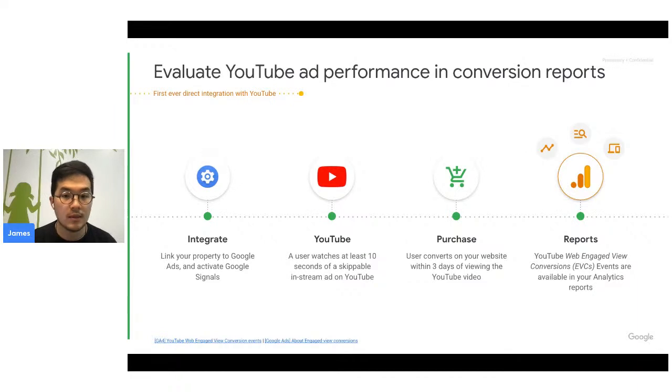So right now you are able to see the conversions, if there are any, based on the customers who are watching the YouTube ads, for example, for 6 seconds, and you can also see the conversions or the user acquisition based on those engaged views.